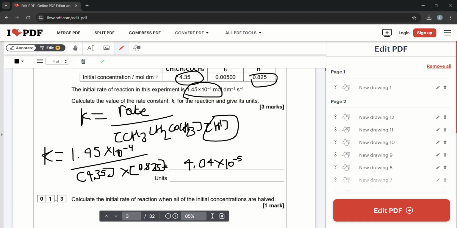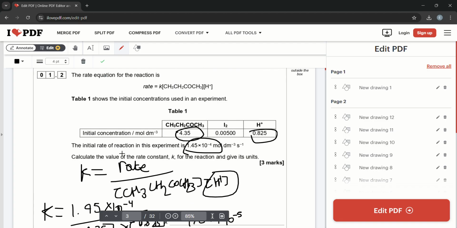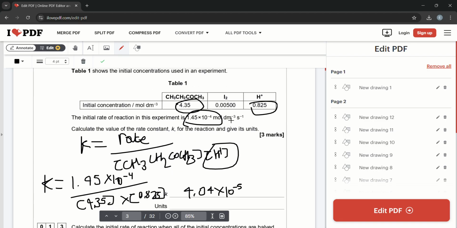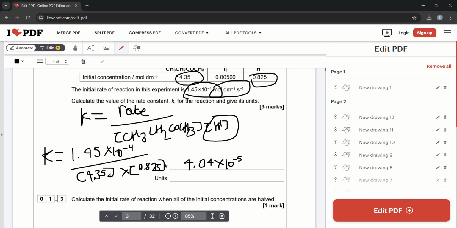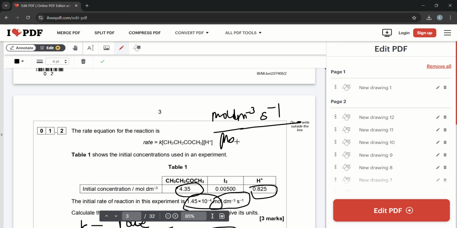Now the units. We know the rate's units are mol dm^-3 s^-1, over mol dm^-3 for one concentration and there are two of them, so mol dm^-3 squared.